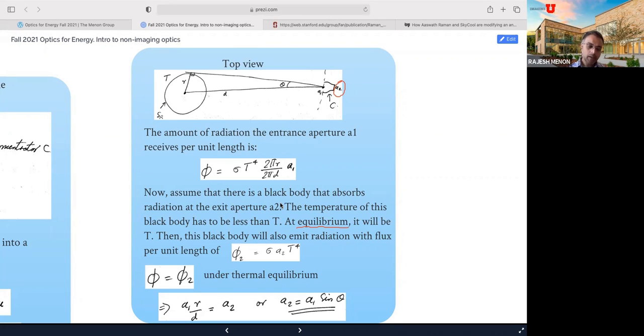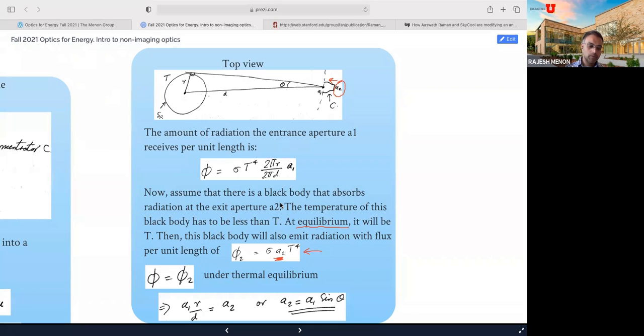In this case, this black body will also emit the radiation with a flux per unit length, given by the exact same expression as before, but now its area has changed. It becomes A2. Again, we're talking about unit length here, so that A2 has to be multiplied by 1 in the dimension into this screen. But let's ignore that because it's just 1. So now under thermal equilibrium, when they are both at the same temperature, you have to assume that the flux entering the CPC must be equal to the flux exiting the CPC. Again, we are assuming that all the flux emitted by this is going in only that direction and it's exiting the CPC.